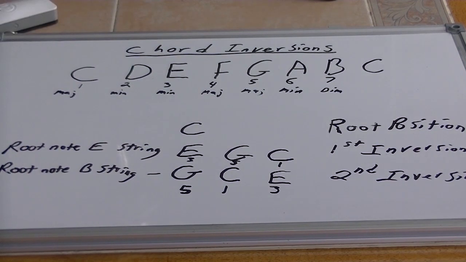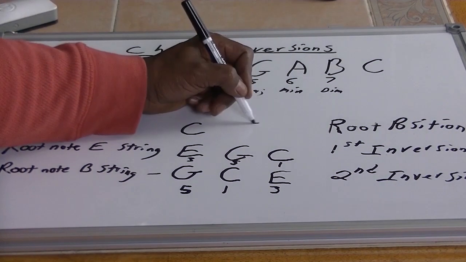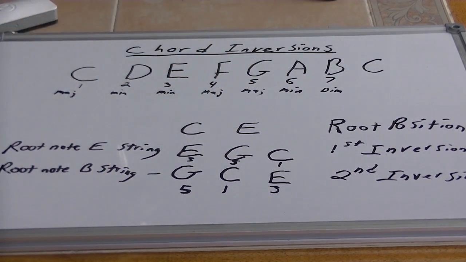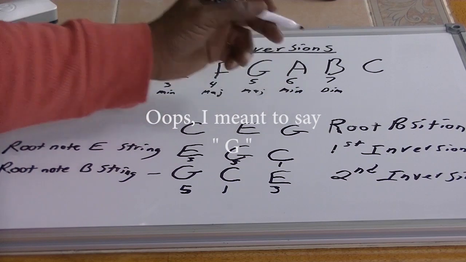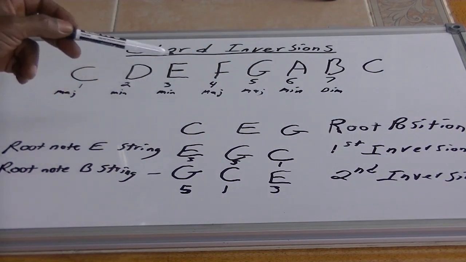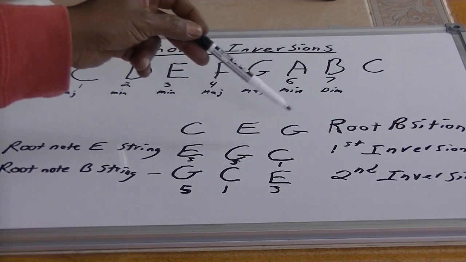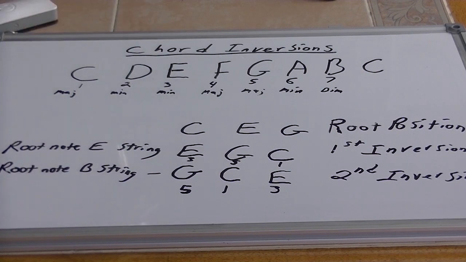And now let's take a look at the note that we are playing on the B string. The note we are playing on the B string is E. And finally, the note that we are playing on the E string is C. So now you can see that the notes of the chord are ordered in the familiar fashion.